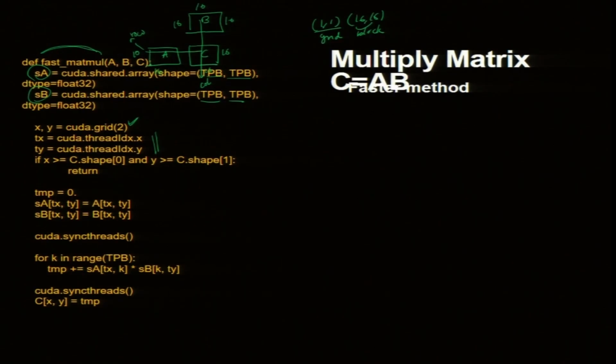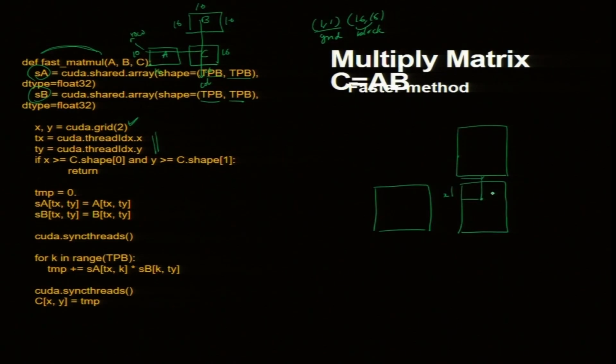So, each thread is running it. I am going to make this diagram a bit bigger here. This is C and this is B. For a given thread, X and Y are here. So, this is X, this is Y. By the way, this is a single block, so X equals TX, because with more blocks X can be different.